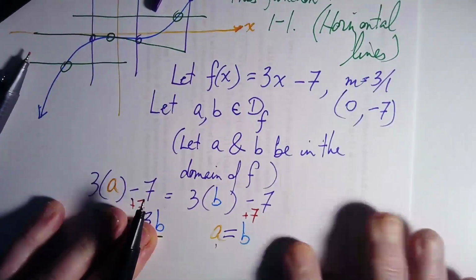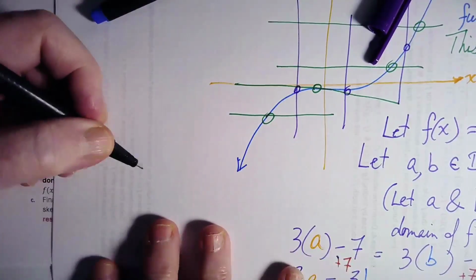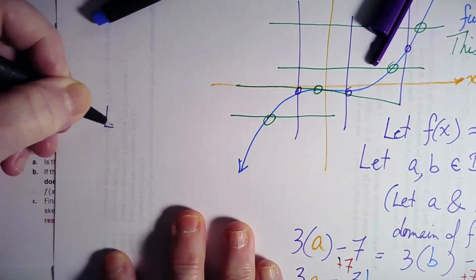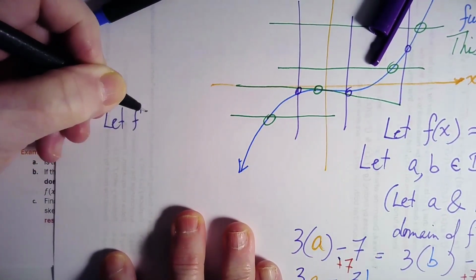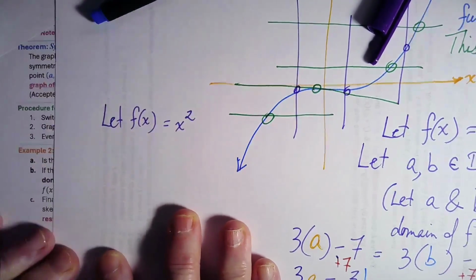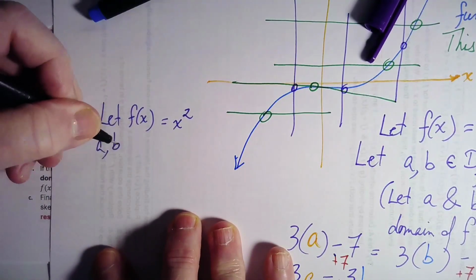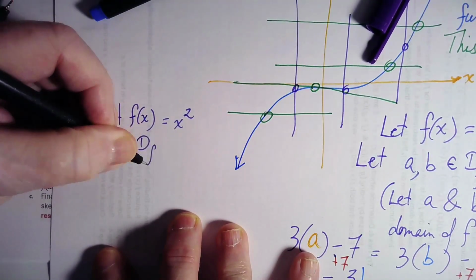So let's look at one that doesn't work. And it's our old friend, the parabola. Let's let f of x be x squared, and a and b in the domain of f.